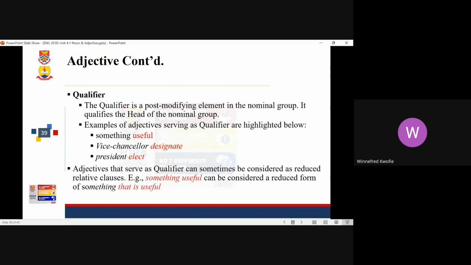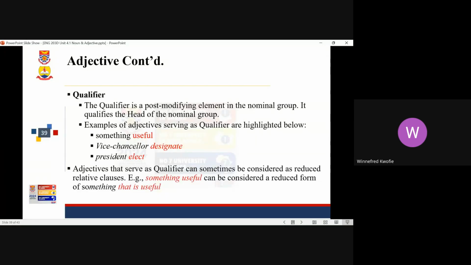But I realize that after the head word, there are still other words that are modifying the head word. So those words that come after the head word are the qualifiers. So adjectives can also function as qualifiers within the nominal group.